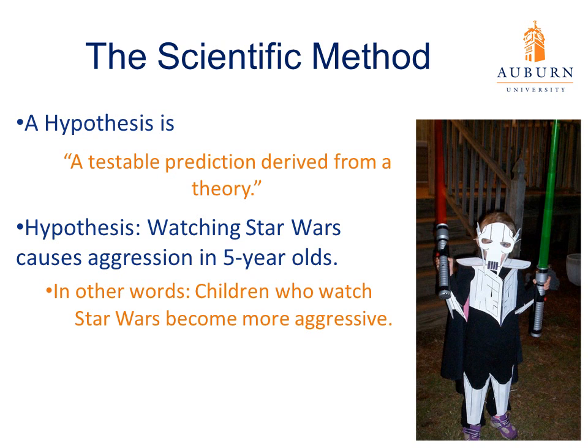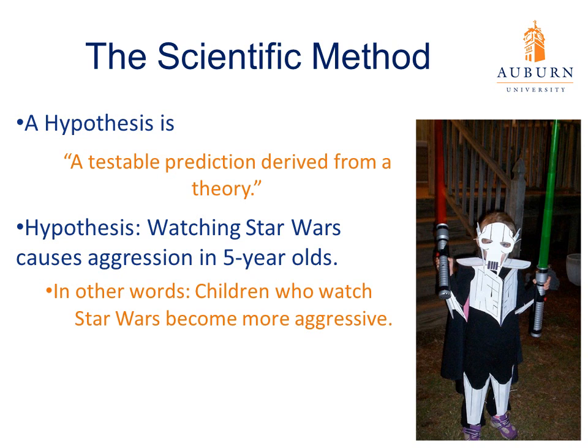I had a theory based on observational learning that when children watch violence or aggression, they tend to imitate it. Then I had a research question based on the behavior of my daughter and her viewing habits. I can turn that into a predictive statement, in other words a hypothesis, which states that, not just for my daughter but for children her age in general, watching Star Wars causes aggression in 5-year-olds.